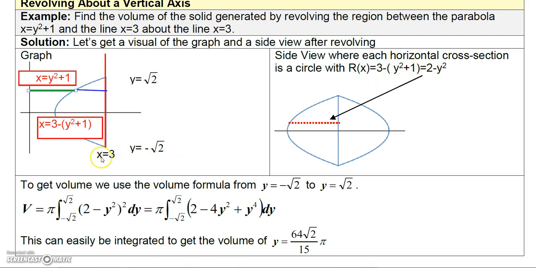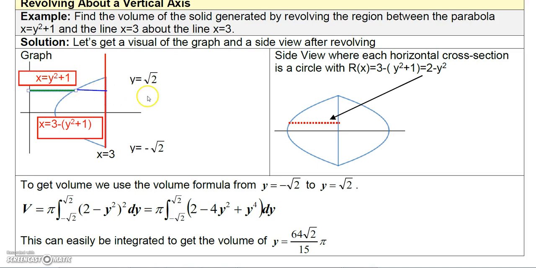Okay, now since you're going to have to integrate this from down here to up here, to find these y values you need to plug the x value into the function and then solve it. So if you plug the 3 in here and solve it, you'll get y squared equals 2.